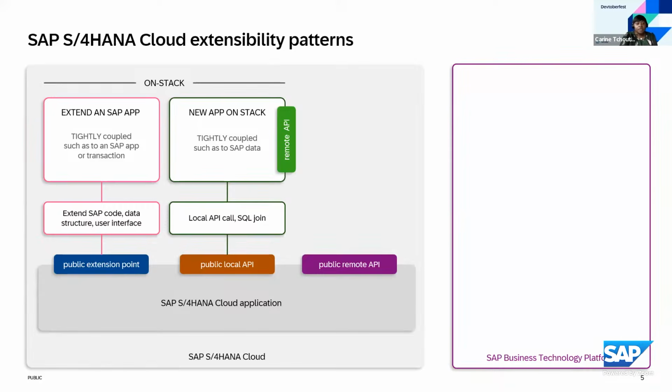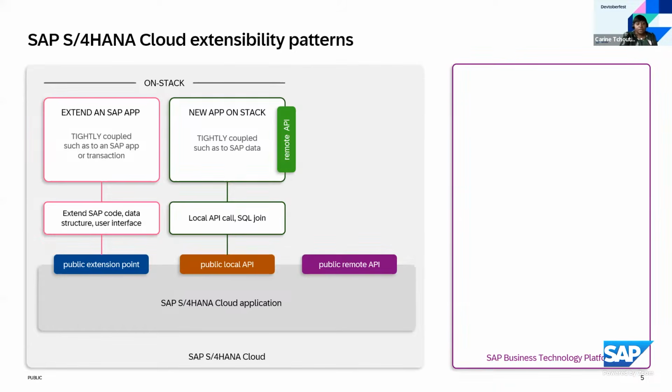Another scenario is to build new applications directly on the stack, on the SAP S/4HANA Cloud stack, by using local APIs which are released for the purpose, and also various SQL features. Here we can build full-fledged applications directly on top of the stack, like we are used to on-premise.